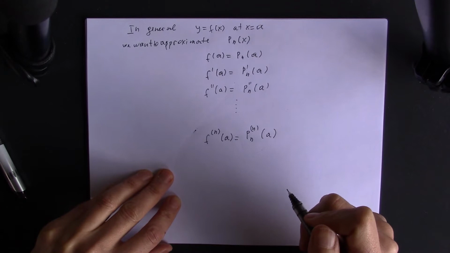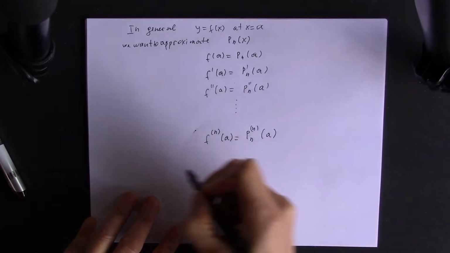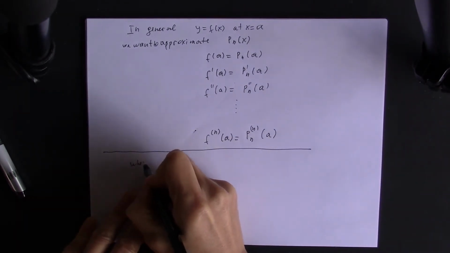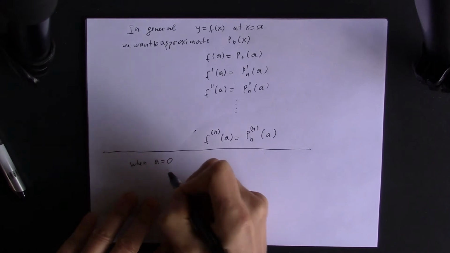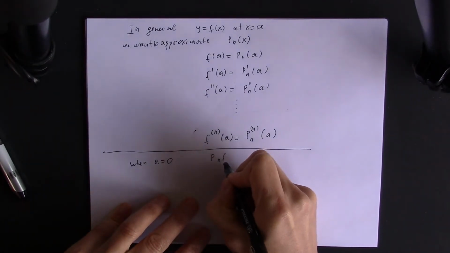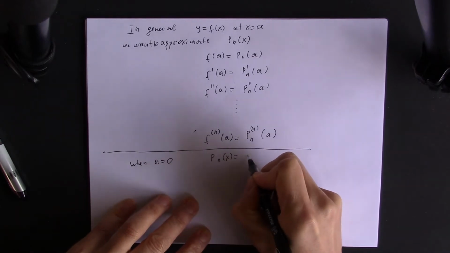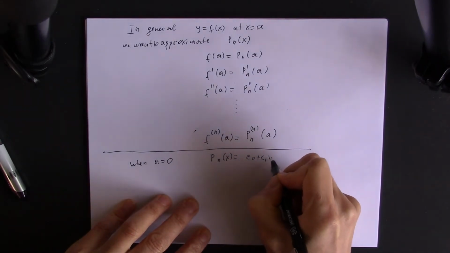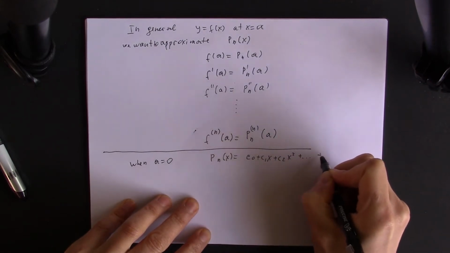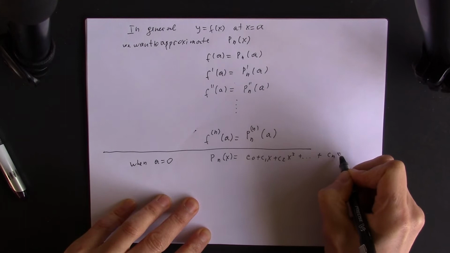Now let's investigate what will be happening when a equals 0. So when a equals 0, our nth degree polynomial is going to look like c0 plus c1x plus c2x squared plus and so on, plus cn x to the n.